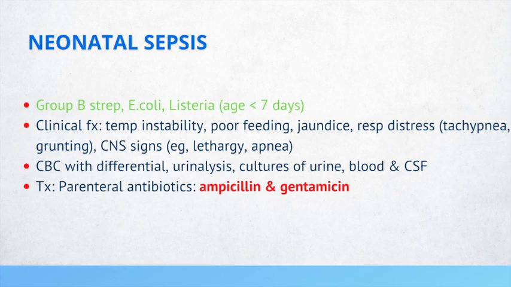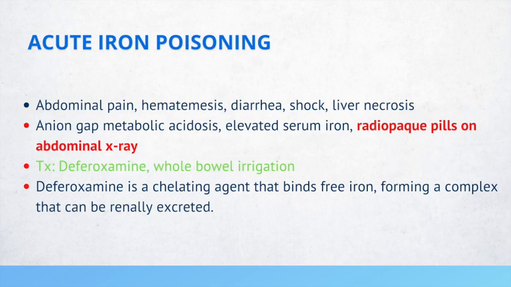So let's say that a patient presents with abdominal pain, hematemesis, diarrhea, shock, liver necrosis, and this all started after they went into the medicine cabinet and took some of their pregnant mom's medications or something of the sort. You want to consider at that point an acute iron poisoning.